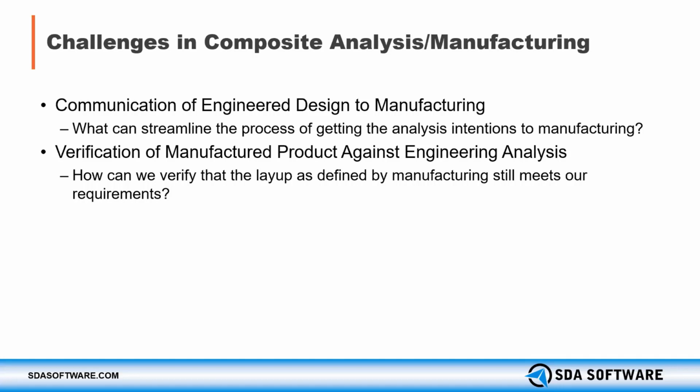Many times these may not prove to be an issue, but you may want to verify that. So how can we prove out the performance of the part as well? We're going to show how Fibersim combined with Simcenter 3D is able to solve these issues.